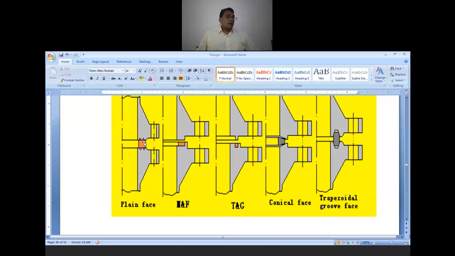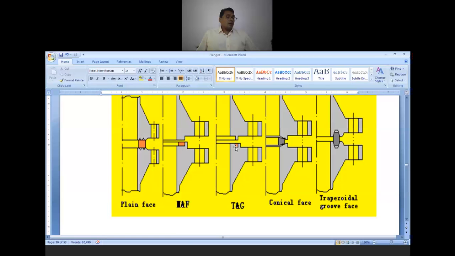So here the area in contact with the gasket is slightly raised. This is a plain area that is provided. In the male and female, one groove and one raised portion is provided.